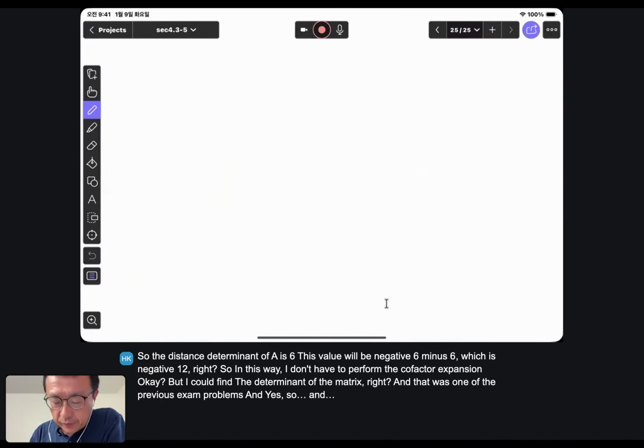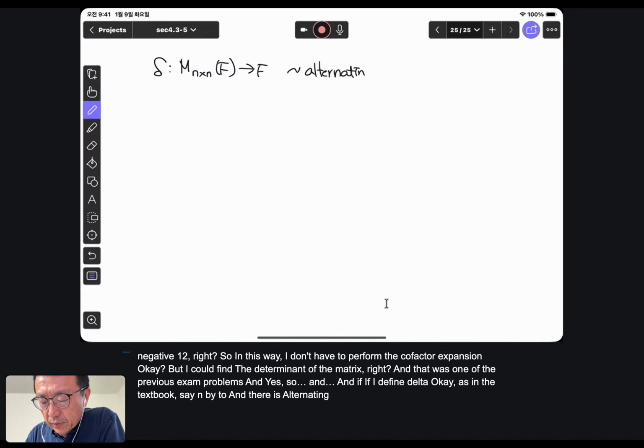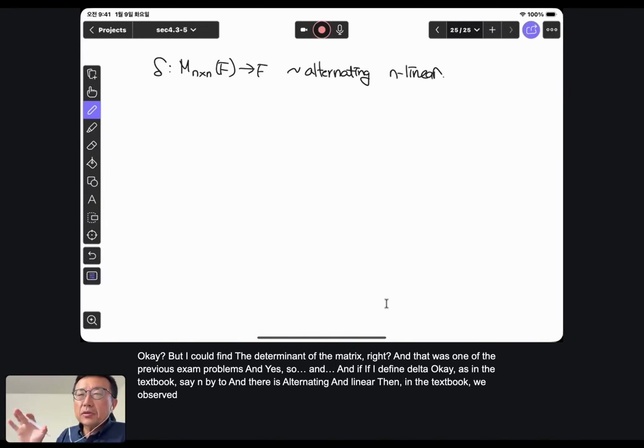And if I define delta, as in the textbook, from n by n matrices over F to F, and that is alternating and n-linear, then in the textbook we observe several properties of such a mapping, right?